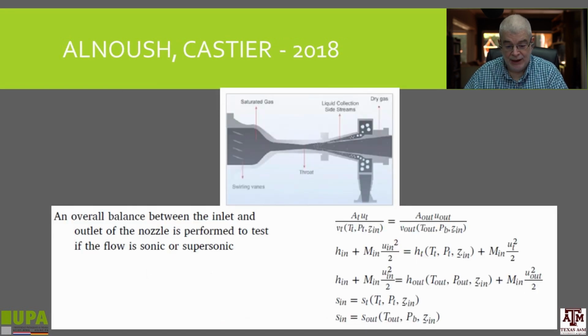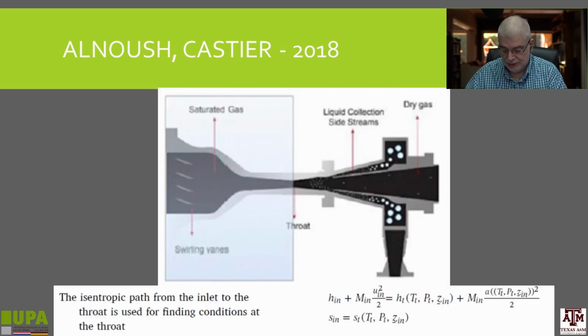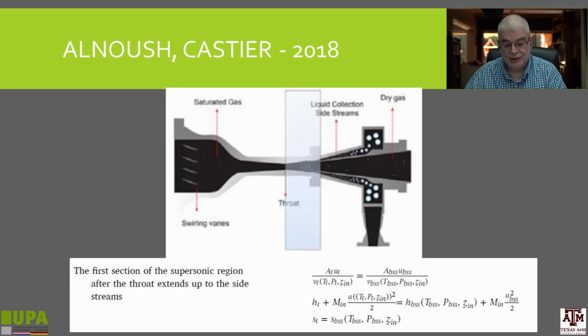Now, if you want to analyze this device, I put the equations here, but no worries, I'm not going into the details. You need to first take some kind of big look at what's going on. Here this is mass balance, these are enthalpy balances, this is entropy. And you need to do this section by section, between the entrance and the throat, and then between the throat and the position where you have a side stream to remove liquid.